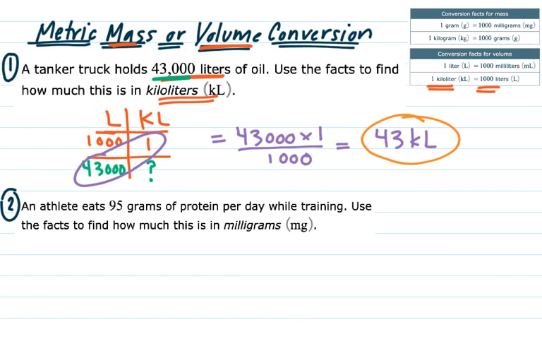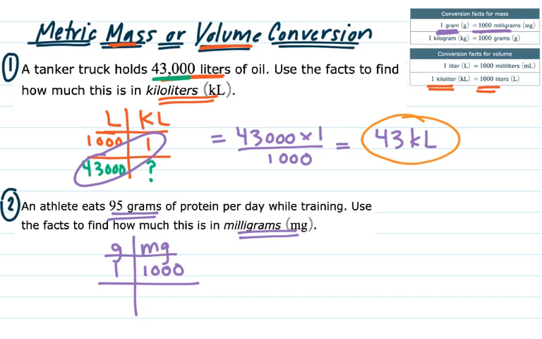Okay, let's do the next example. Again, now this is mass, which is like weight, 95 grams. We want to convert to milligrams. So we make a table with grams and milligrams. Then we look over here, 1 gram is equivalent to 1,000 milligrams. Now we look at the specifics of our problem. We know we have 95 grams.